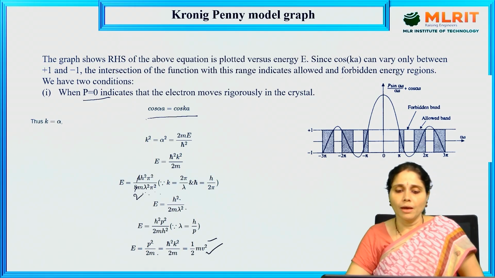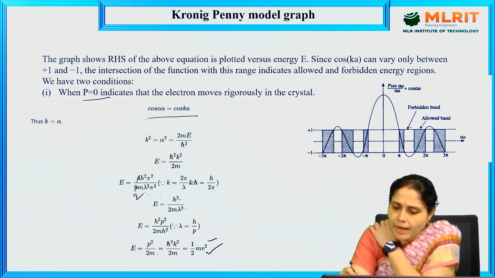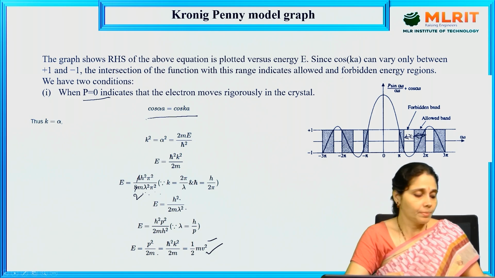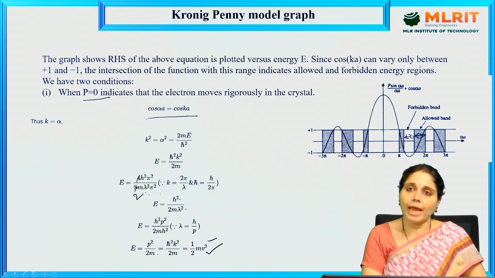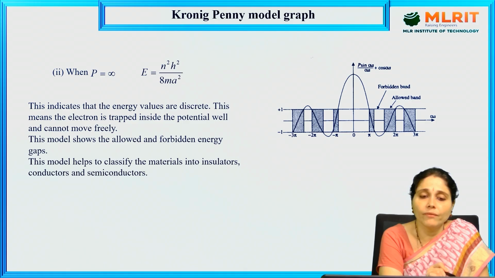So, okay. Here there are allowed energy bands and forbidden energy regions. This is the forbidden region and this is the allowed region. Okay, let us explain after seeing case 2. When P equals infinity, what happens here? The whole expression becomes n pi, and the energy becomes E equals n square h square by 8 m a square.